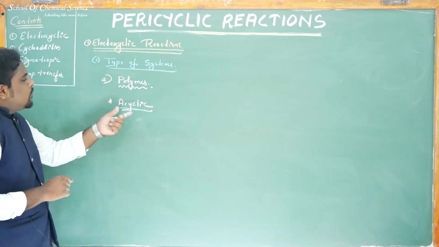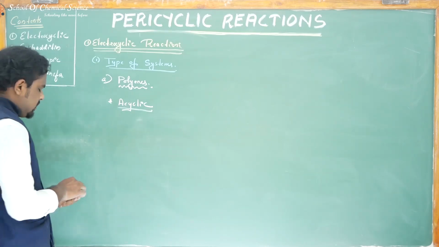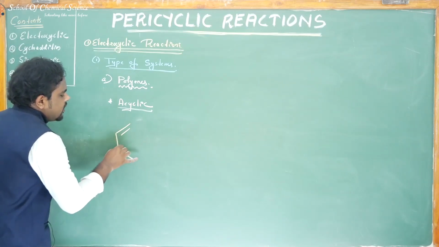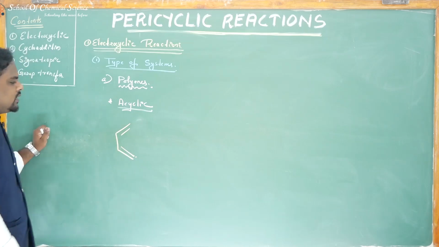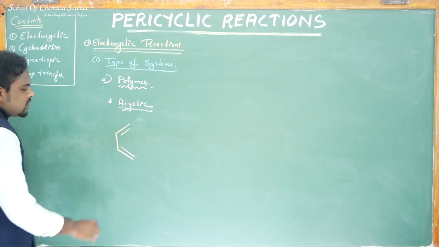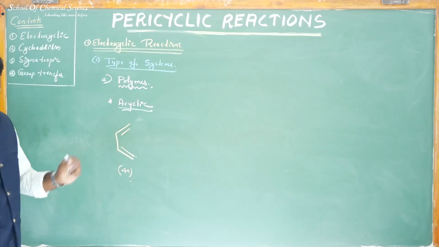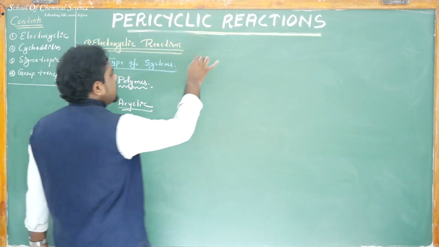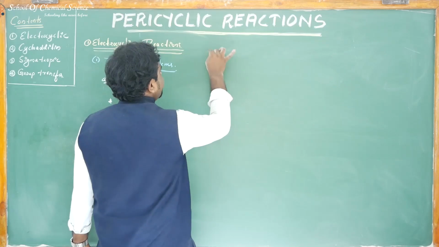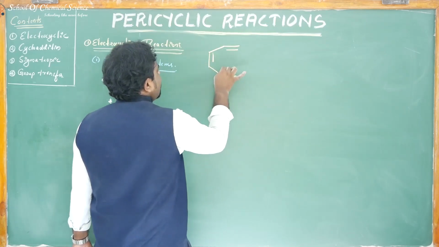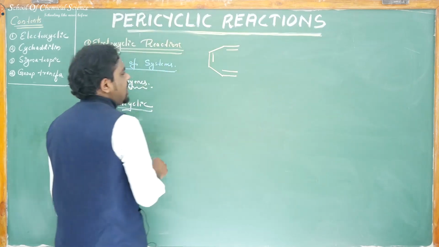First one, acyclic polyenes. For example, 1,3-butadiene. What type of system? This is a 4n system because there are 4 pi electrons present. Next system, 1,3,5-hexatriene.